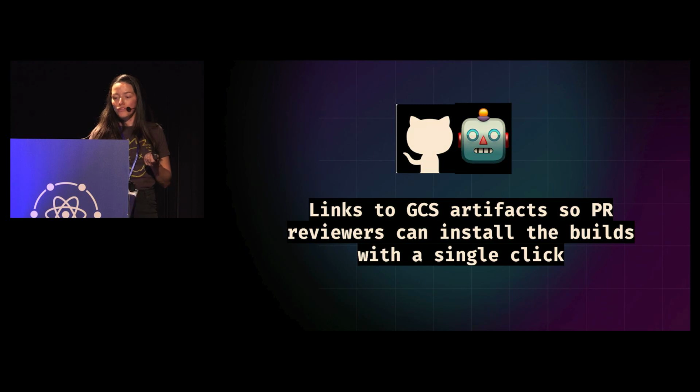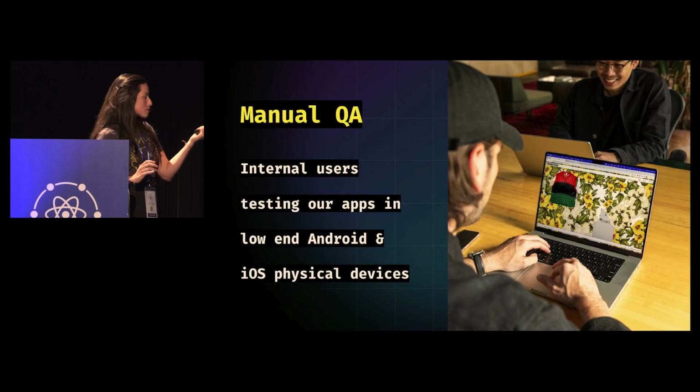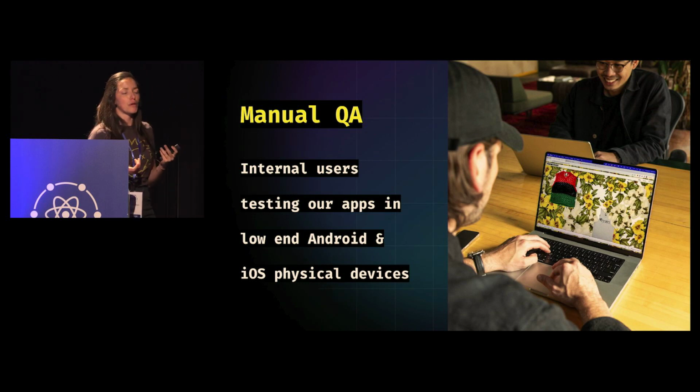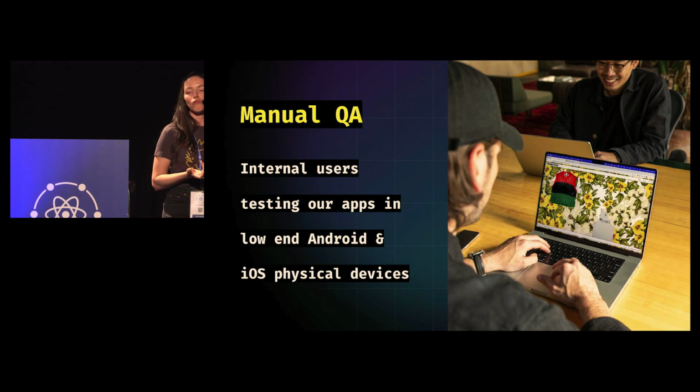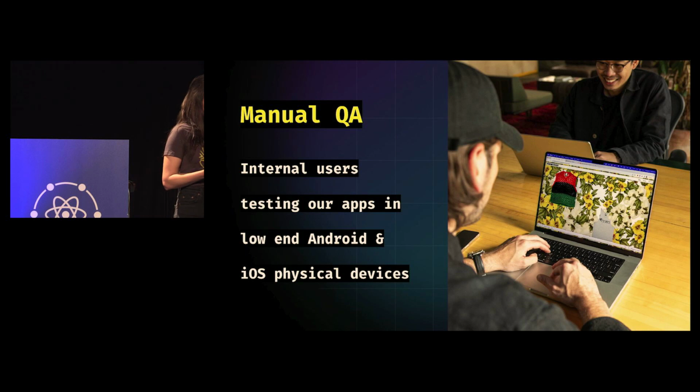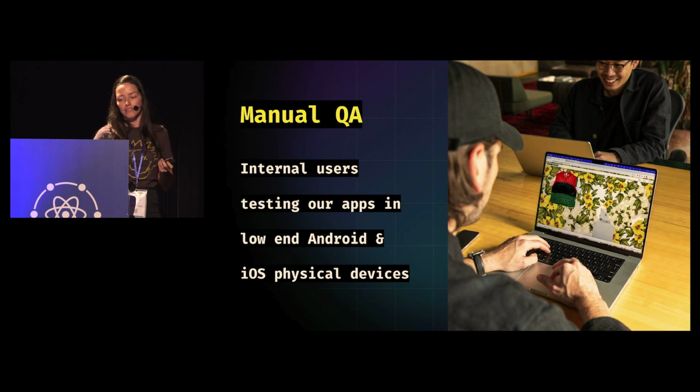We also obviously use manual QA. Pretty much the users that are involved in mobile development at the company are the ones that are testing our applications on low-end Android and iOS devices, so we are sure that we cover all scenarios for users who use these types of devices.